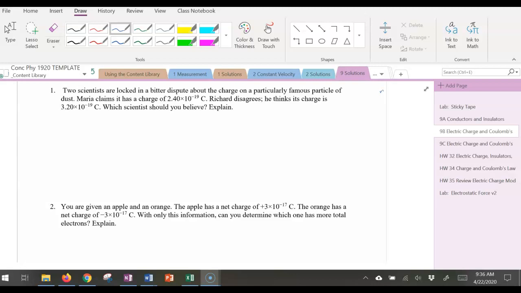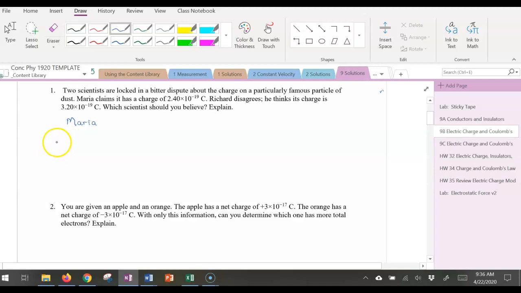So I think the thing we need to remember is that charge is quantized. It occurs as integer multiples of the elementary charge, lowercase e. So let's just check. Here's Maria's claim. She says it has a charge of 2.4 times 10 to the negative 19th coulombs.